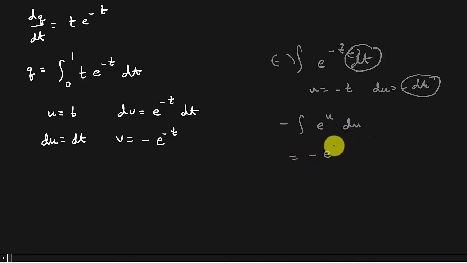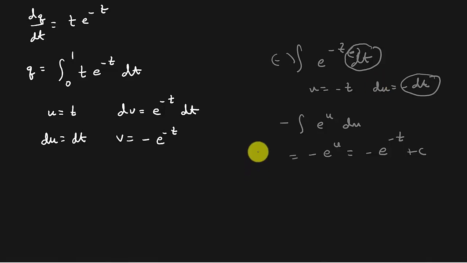That equals negative e to the u, which is negative e to the negative t when I plug the negative t back in, plus c. All right, so that's where this comes from. If you need to on some of these, you may have to come over here on the side and integrate it. We had to do that in some earlier problems that we worked also.